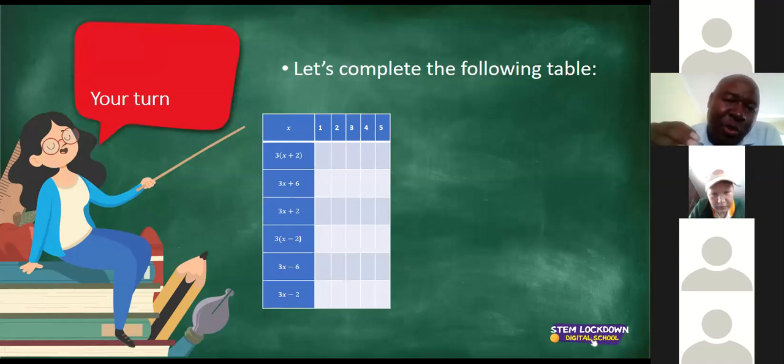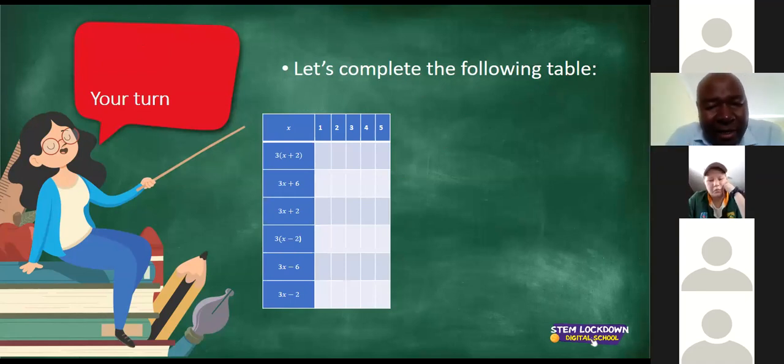Just substitute each value of x and find the answers. And in our next activity, we can just mark this activity, and then it'll be quicker for all of us.